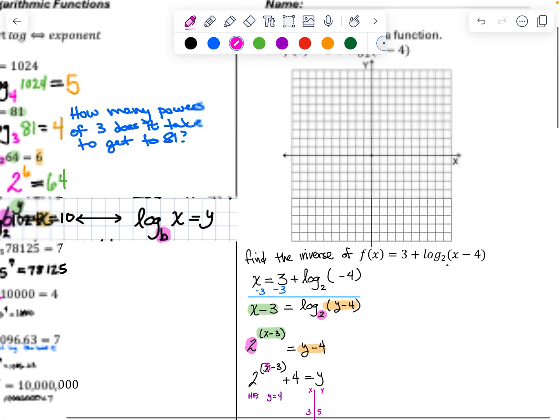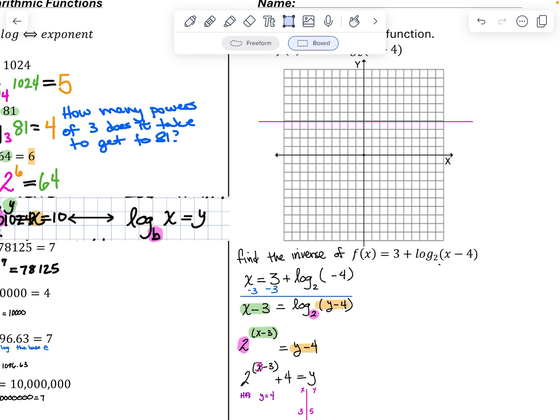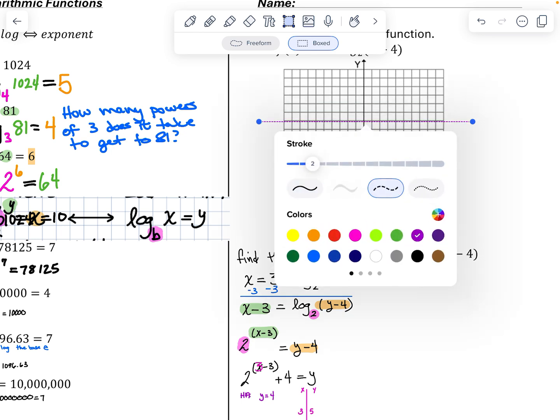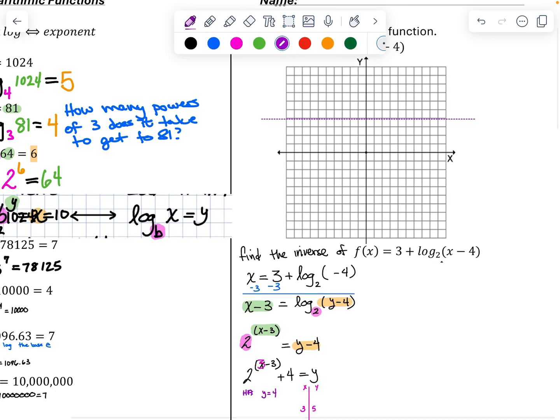So first of all, we have a horizontal asymptote of y equals 4. 1, 2, 3, 4. So we have a horizontal asymptote that goes right there, and that is y equals 4.